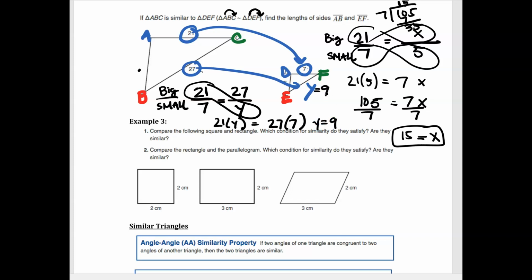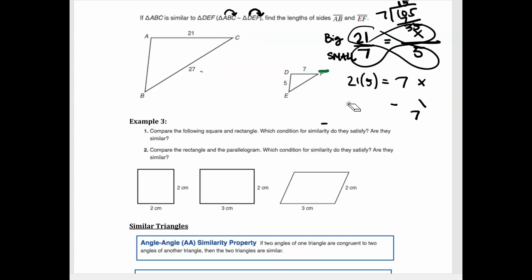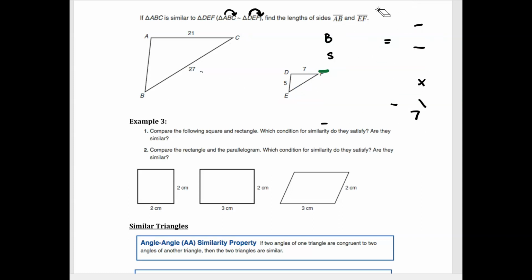And one thing I want to mention, it should be really simple and easy to check your answers. So when you're all done, okay, and I would pause the video if you want to write this because I'm going to erase all this. So when you're all done, I'm going to come back and I'm going to label the sides, and then you can use your calculator to divide and make sure that you get the same thing.